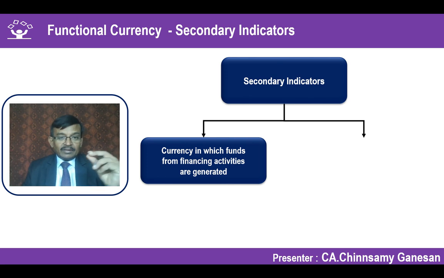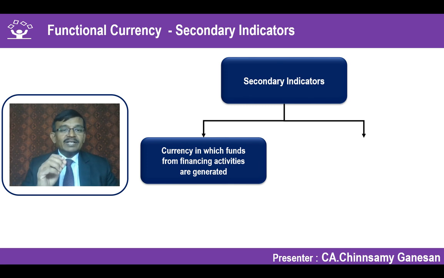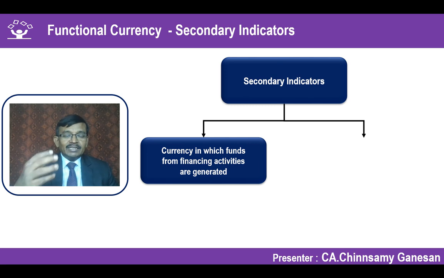So when the primary indicators are mixed, we look for evidence, and one piece of evidence is the currency in which the funds are raised for the financing activities. If I am raising an Indian loan, that gives me supporting evidence.